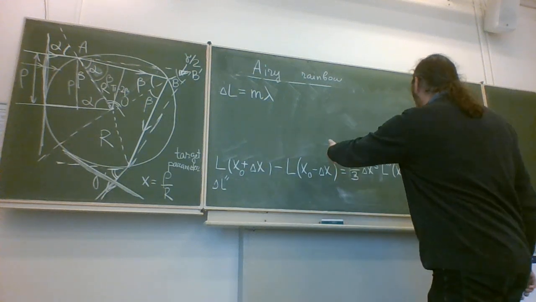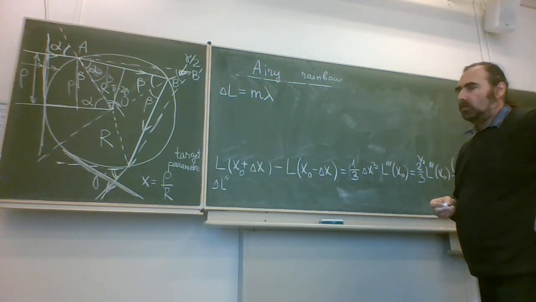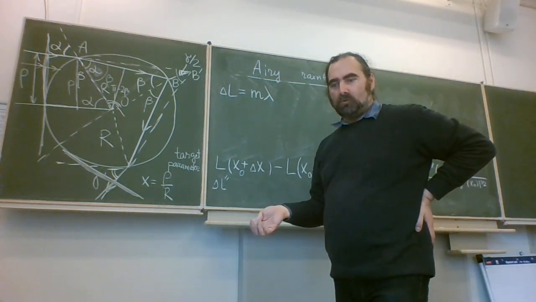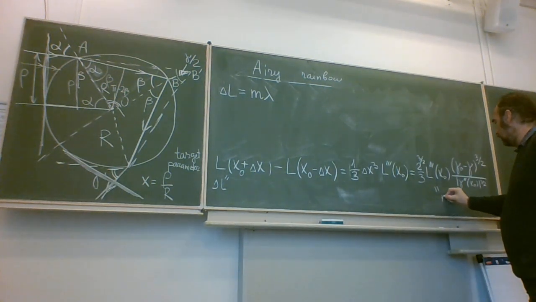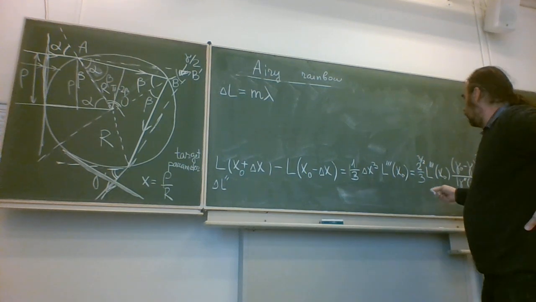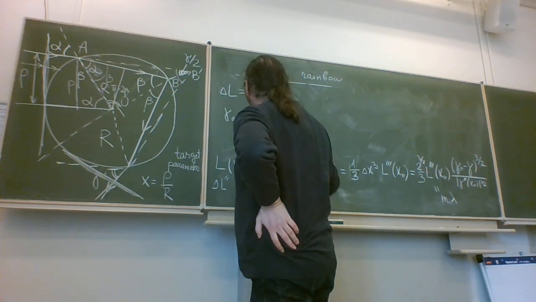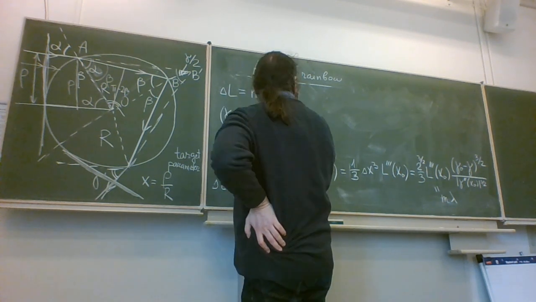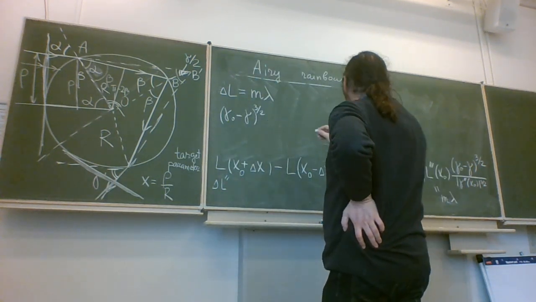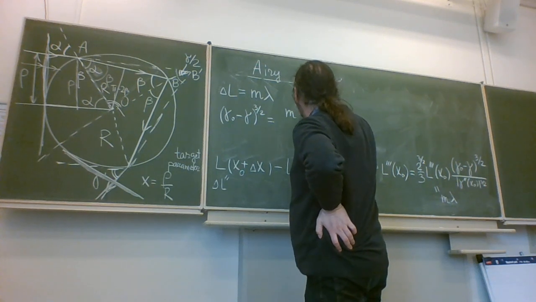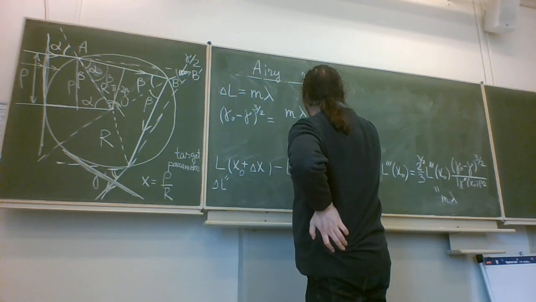Right, and then I can just use this condition and I can find what are the positions of those maxima, which maxima of intensity, which are exactly supernumerary bows. I just say that this is equal to m lambda, and that gives me gamma naught minus gamma power 3/2 equals m lambda, and then this number 2 to 3/2.